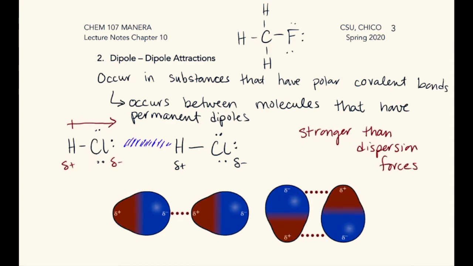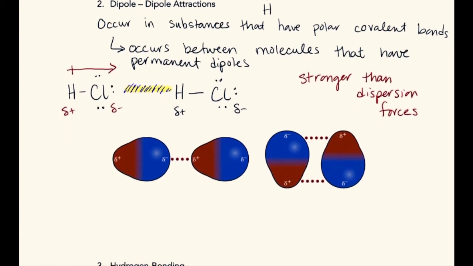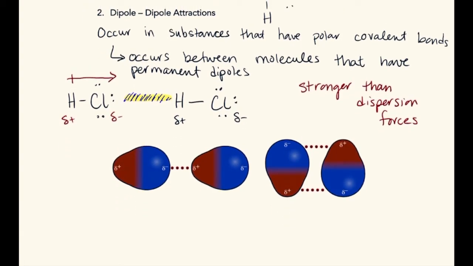So we can have an interaction like that. The intermolecular force is that blue highlighted dashed line. The other way that we could see an interaction is shown here also, where maybe we have a hydrogen and chlorine, which is the partial positive and partial negative, and both of them are attracted to the opposite on the other molecule.